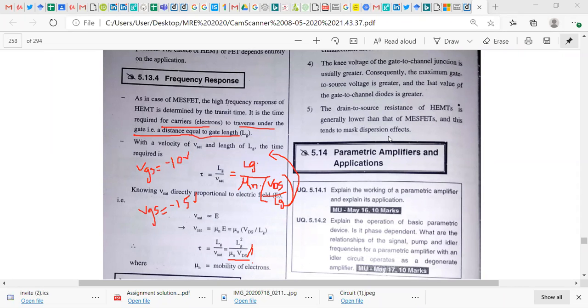I have increased the VGS, or I have decreased the VGS. You can answer in the chat box.